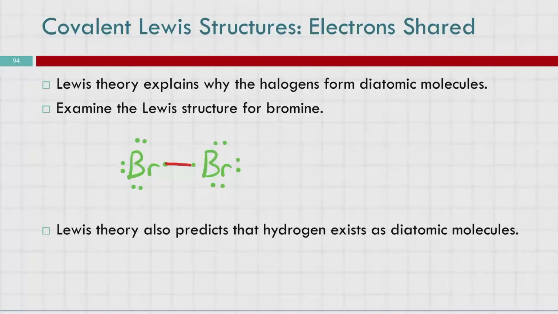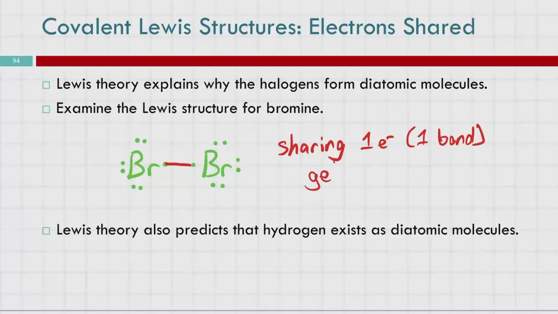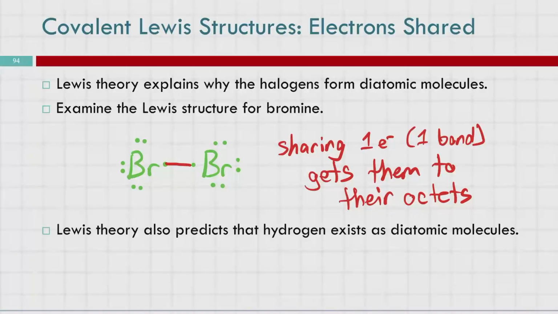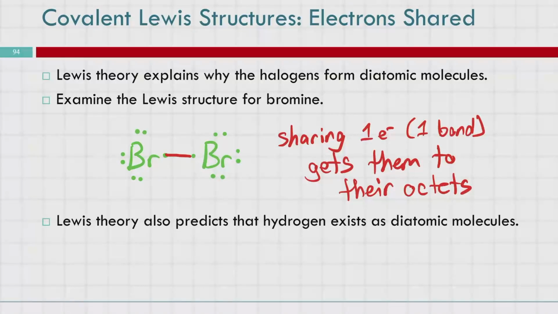So by sharing, by forming a bond, a covalent bond, they get full octets. So they're sharing 1 electron, 1 bond. They're each contributing 1 electron into the bond. Gets them to their octets. So now they're stable, they're happy, they've got their octets. Mission accomplished.